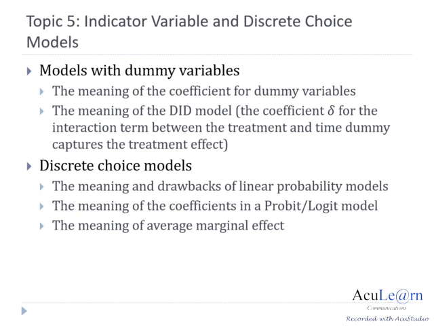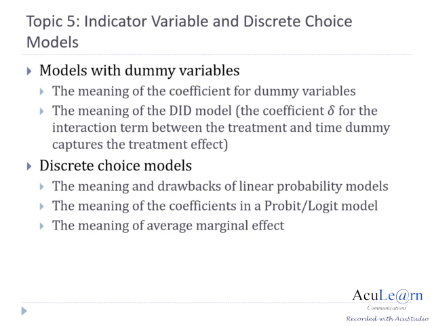Okay, and there are a few ways to estimate discrete choice models, right? You can do a linear probability model, or you can also do a nonlinear one, which is either a probit or a logit model. First of all, you should understand that the good thing about the linear probability model is that the meaning of the coefficient is pretty intuitive.